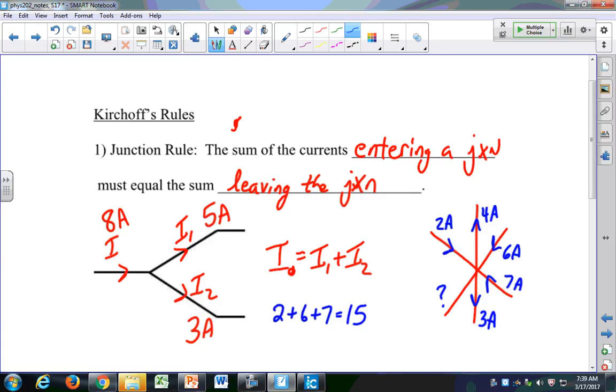That's the ingoing currents, right? 2, 6, 7. Outgoing currents are 3 plus 4. That's equal to 7. So I know that this current has to be outgoing, and it has to have a value equal to 8 amps. All right, so that's the junction rule that is based on the conservation of charge, that if I have charge going into a junction, I have to have that charge coming out of the junction.